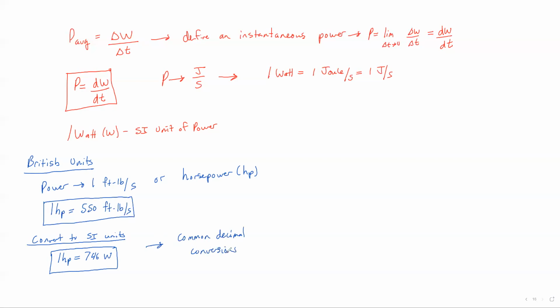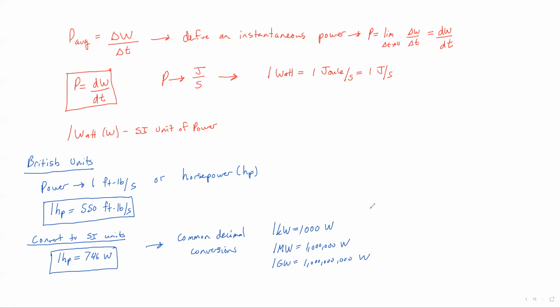We also have some common decimal conversions, a lot of little formulas for power. We use the kilowatt, which is 1,000 watts. We also use the megawatt, which is equal to 1,000,000 watts. We also have the gigawatt, which is equal to 1,000,000,000 watts.